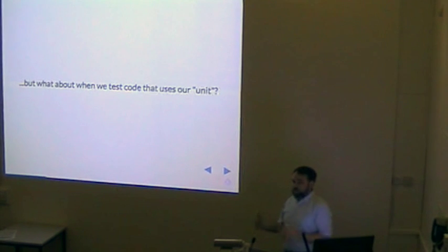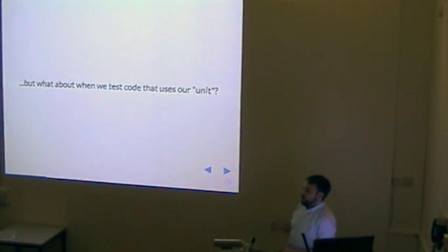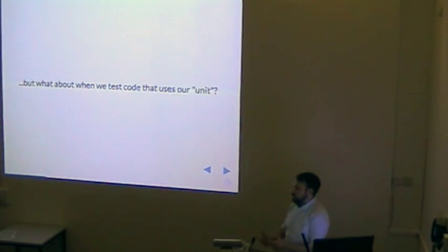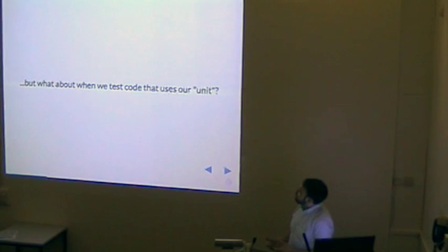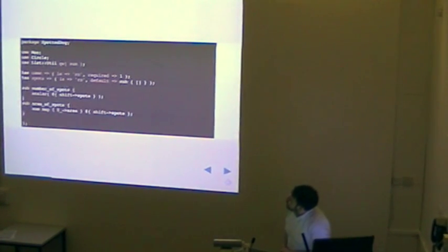The issue comes when we're testing code which is using our unit. When we're testing a unit in isolation, it's very easy to just test the inputs and outputs. But as soon as you start having dependencies, and here we've got another trivial example.